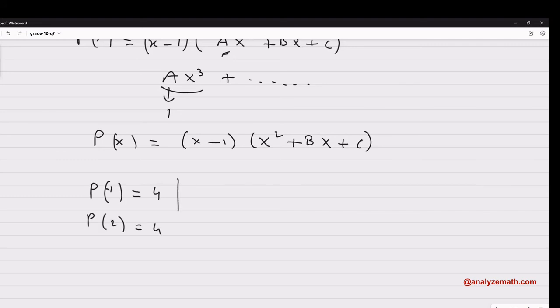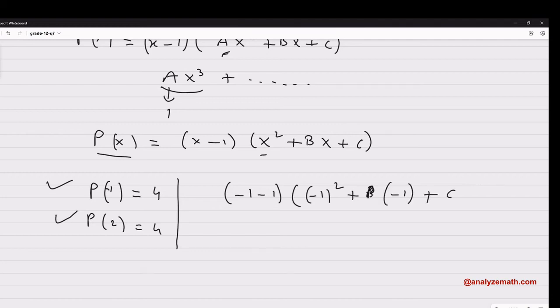This comes from the division by x + 1 and x − 2. So p of −1, we go here and we put x equal to −1: (−1 − 1)((−1)² + b × (−1) + c), and this is equal to 4.